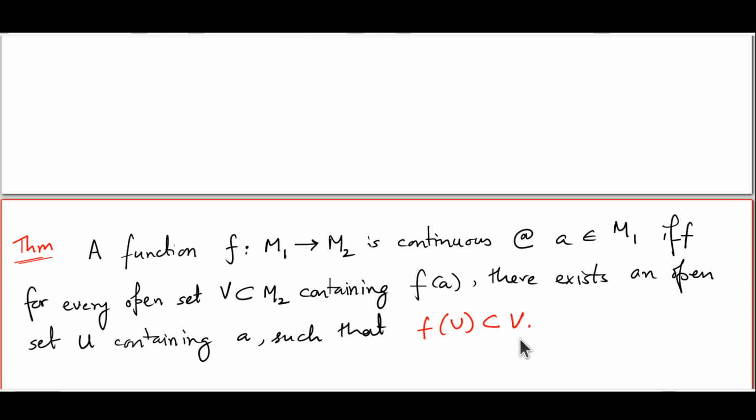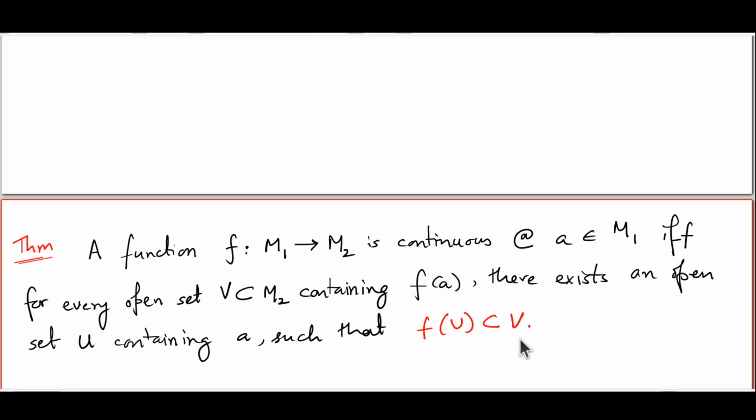Now, this notion of an open set containing a point recurs over and over again in discussions of this kind, and because it's a bit awkward to keep on saying that, there is an alternative nomenclature for this.